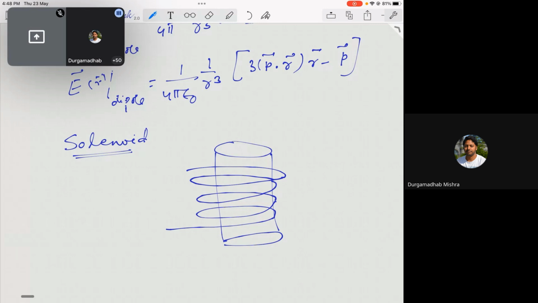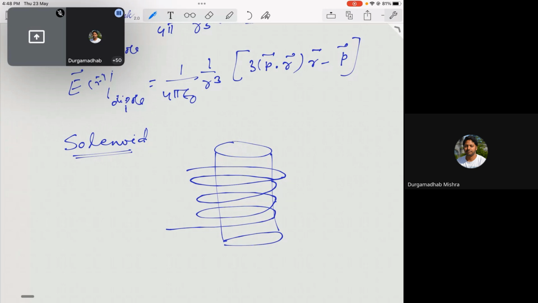The solenoid is used quite often in many physical situations to produce a magnetic field, and this is where you should be able to calculate the magnetic field.